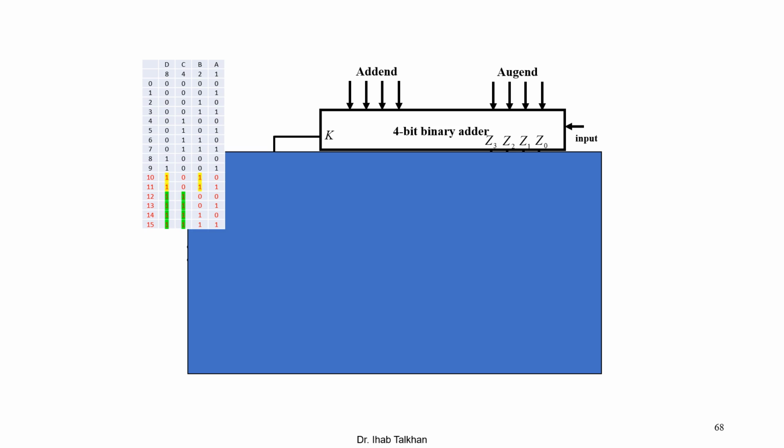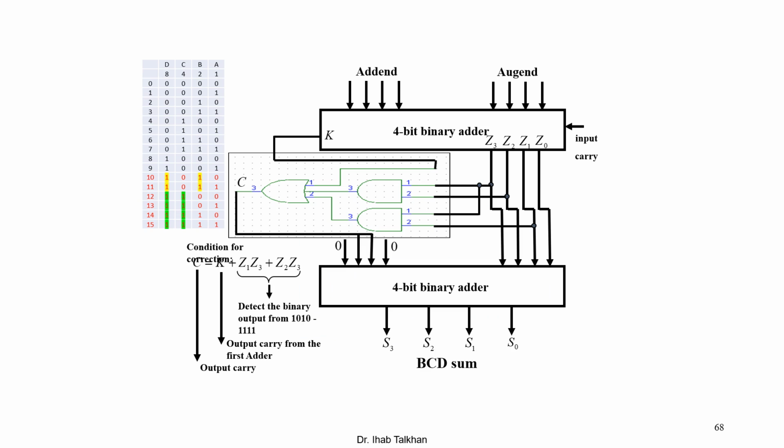So this forces us to use another 4-bit adder. For the second 4-bit binary adder, shown below here, Z0, Z1, Z2 and Z3 are the first input, and the second input is fixed. It's either 0 or 6: 0 whenever the number is 9 or less, and 6 whenever the number is greater than 9, or greater than 15.